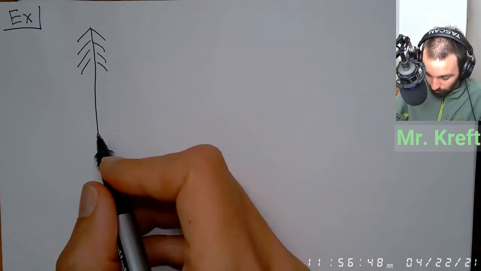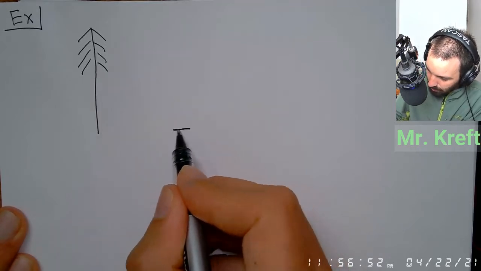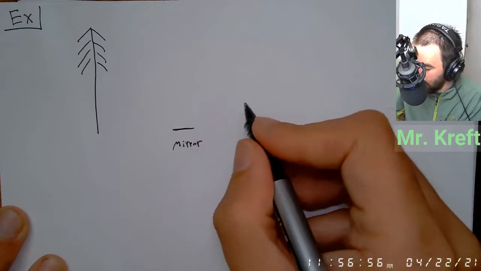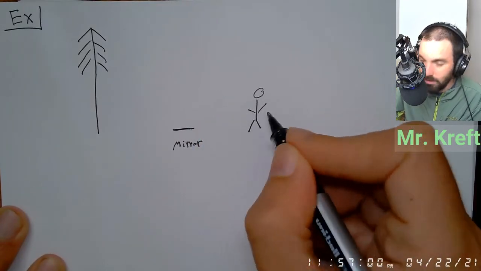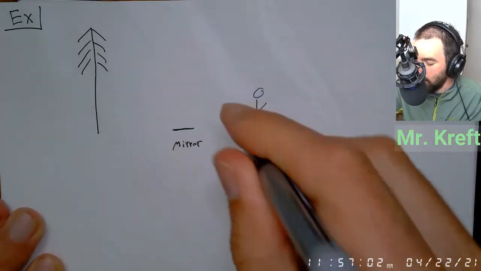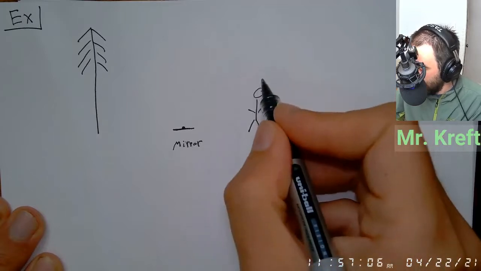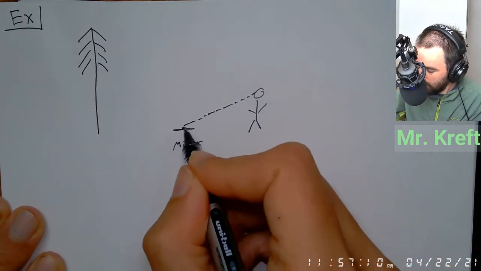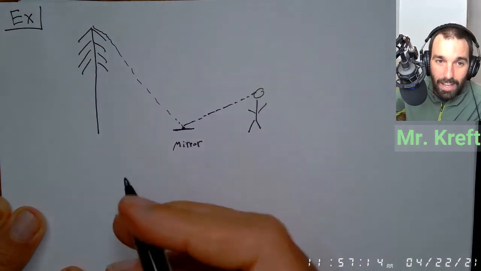So another way of doing this, so if you don't have shadows, you can use a mirror. So what you do is you put a mirror on the ground between you and a tall object. And what you do is you put like a little dot on the mirror, and then you line up your eyes to the top of the tree.